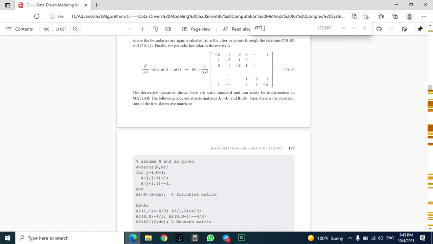And this is another application of the fast Fourier transform.